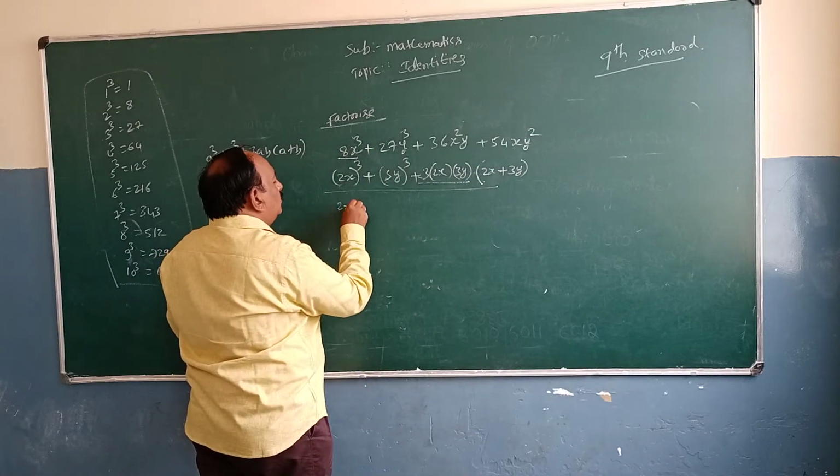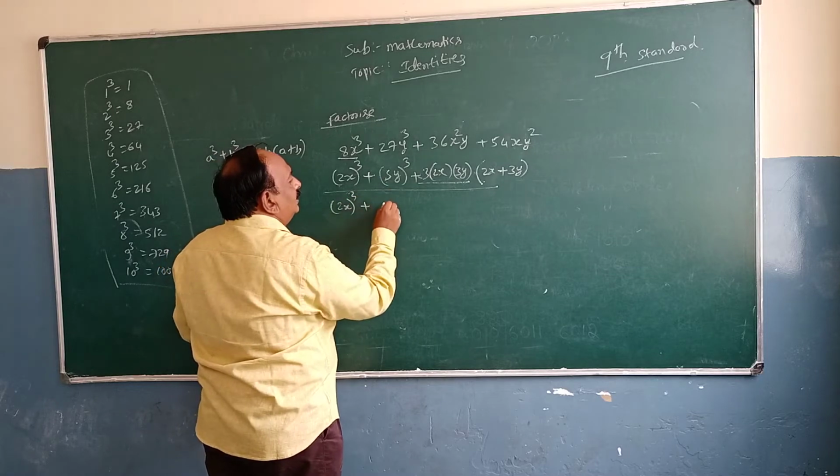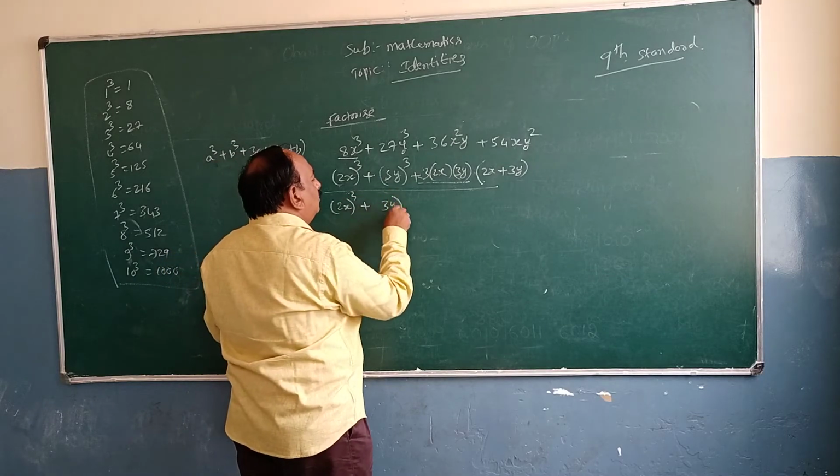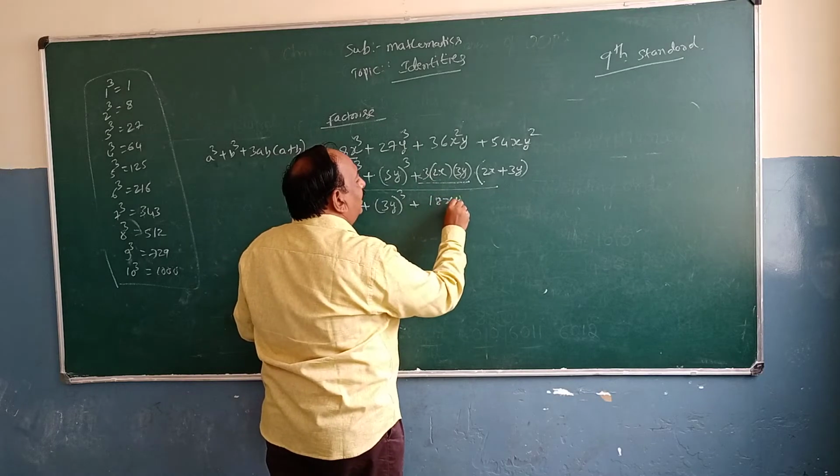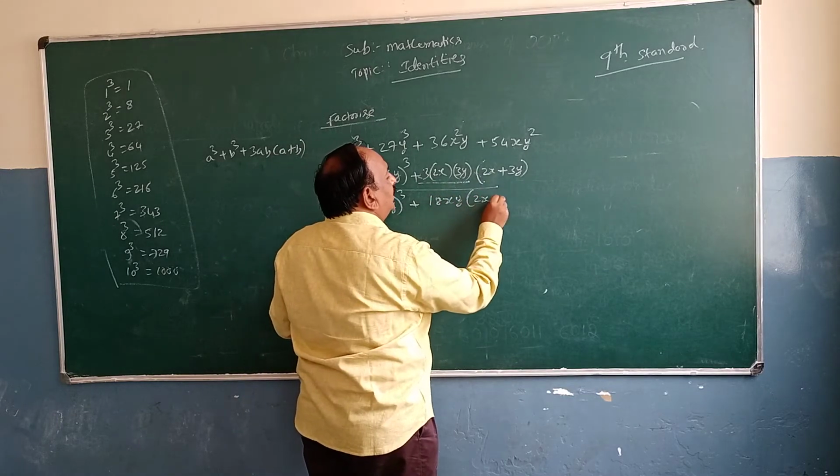This is 2x whole cube plus 3y whole cube plus 3 2s are 6, 6 3s are 18xy into 2x plus 3y.